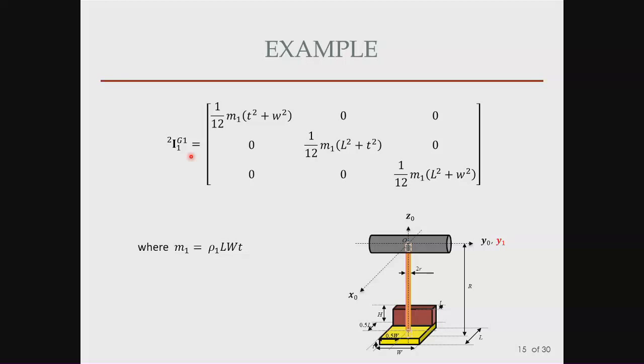Similarly, let's say G2 is the center here, and G3 is the center here, and G4 is the center here. So I'm going to get I2 and I3 and I4 about their respective centers of mass, all in the same frame 2, which is attached to the swing, or to each of these parts.